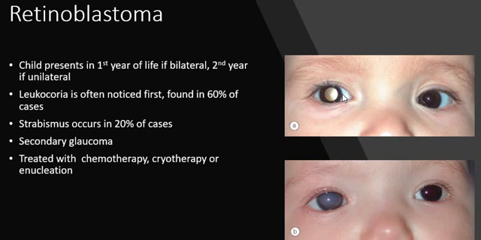Now this should be red because you get a red reflex as the choroid is shining nice and brightly back at you. However, this isn't the choroid, the whiteness, it's a tumour. So this is the first sign that's noticed. About 20% of children will have a strabismus, an eye turn, in association with their retinoblastoma. They also sometimes develop secondary glaucoma, which is shown in the image at the bottom here.